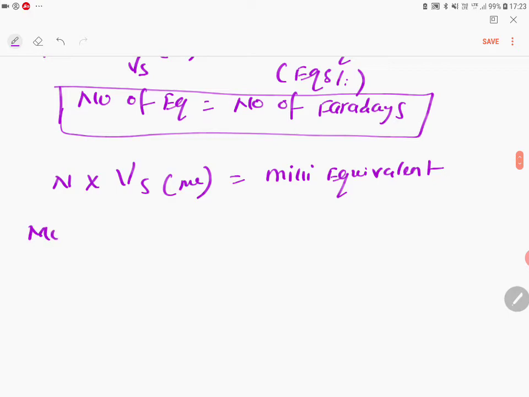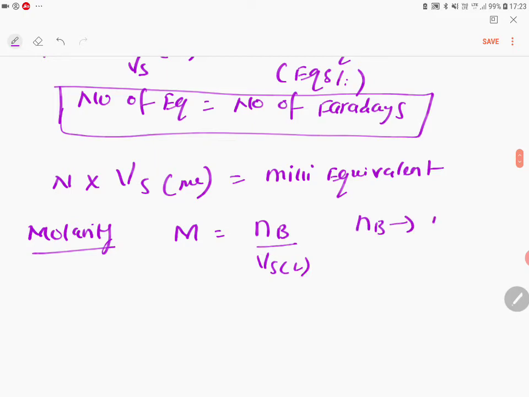Next, all of you know what is molarity. Molarity is equal to number of moles of the solute by volume of the solution in liter. So what is N suffix B here? Number of moles of solute. Volume of the solution, already I have given the terminology.